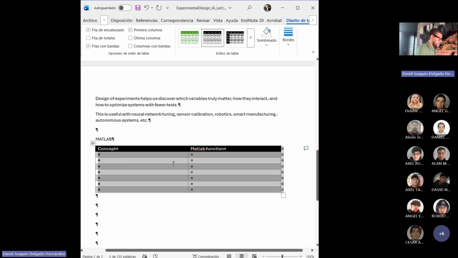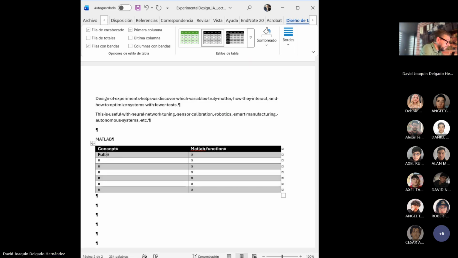Okay, so we can have a full factorial design, and the command that we are going to use is fullfact, open and close parentheses. The second has to do with a fractional factorial design, and the command for MATLAB is fracfact.